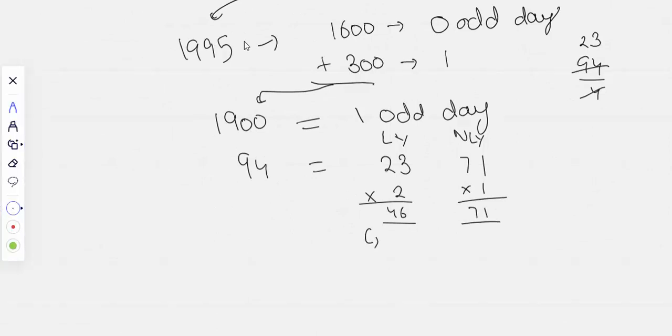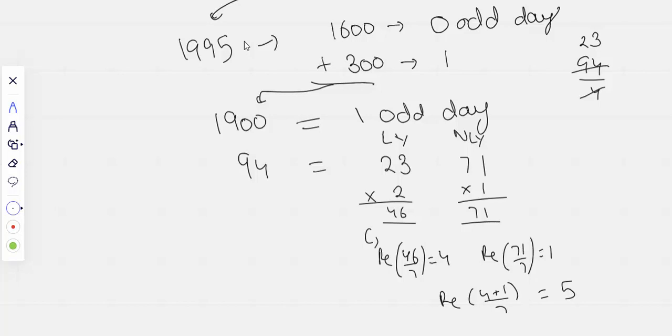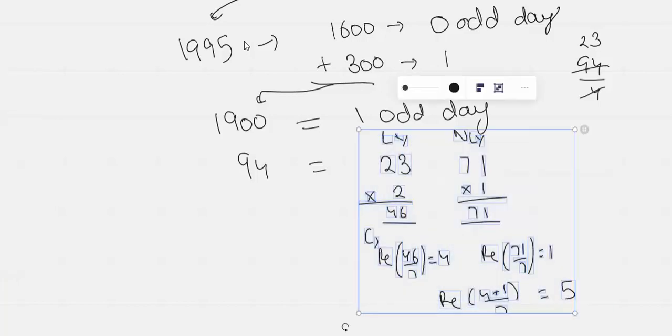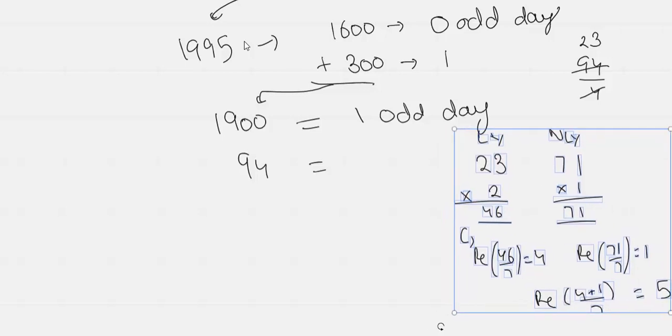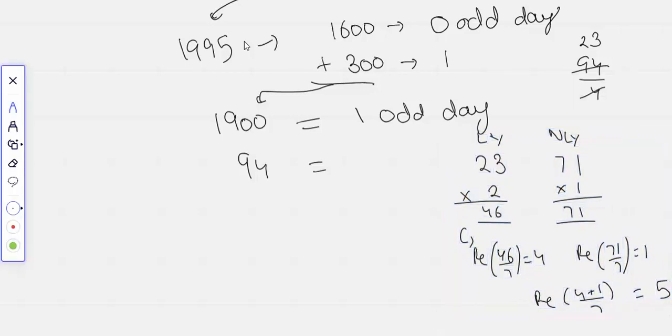For quick calculation, I'll divide by 7: 46 gives a remainder of 4, and 71 gives a remainder of 1. So again we add them, 4 plus 1 divided by 7, you get a remainder of 5. So till 94, we are getting 5 odd days.